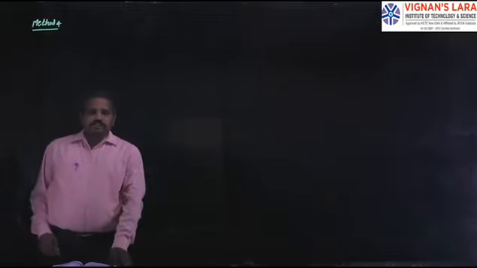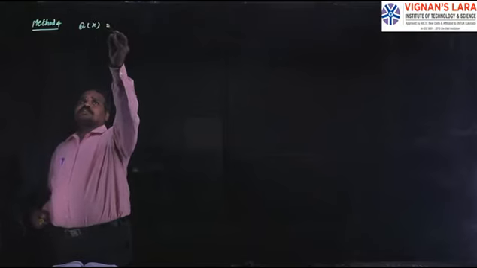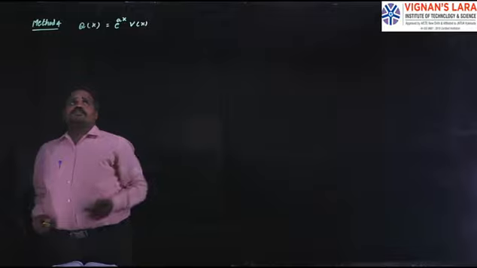So we are going through method number 4, where q of x is in the form of e power x into v of x.